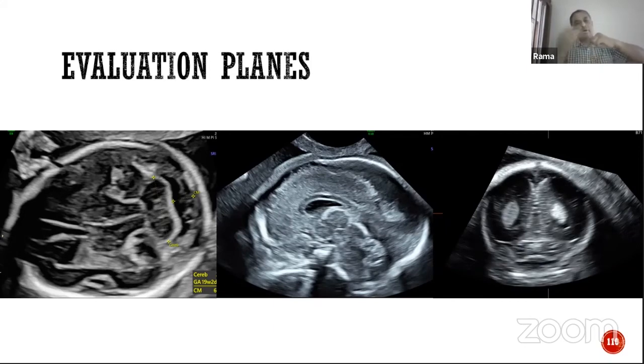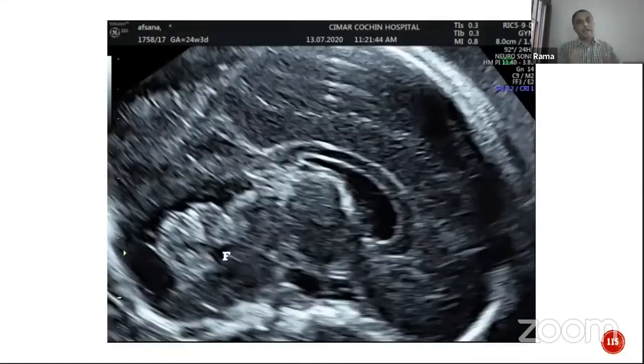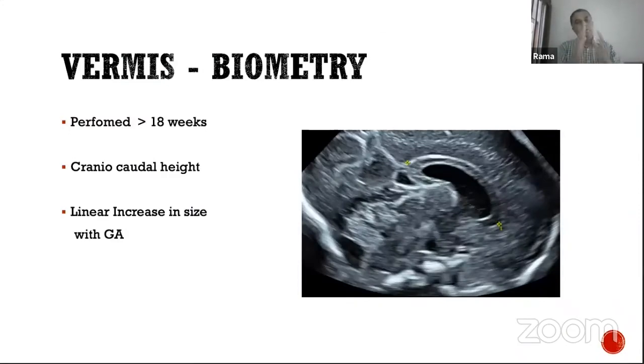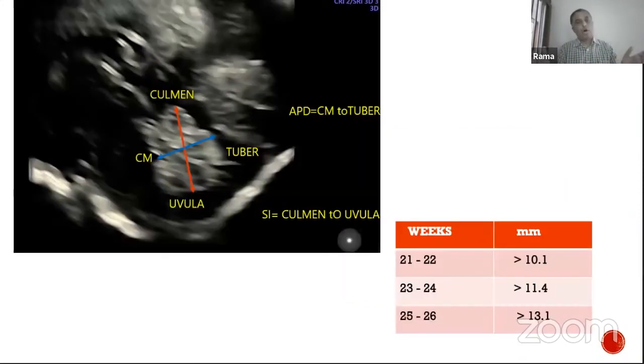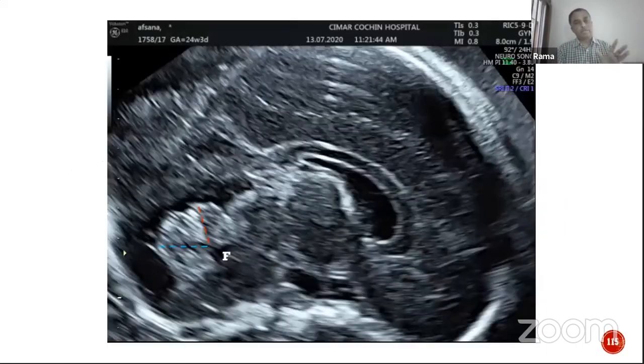You've got the medullary velum or veli. There are three of them, three peduncles, which are fixed. The lower pole is lifted off. So when it lifts off, it makes an angle with the brainstem. So showing that there is no rotation, showing that the morphology is normal, the size is normal, is the essence of calling a vermis as normal.